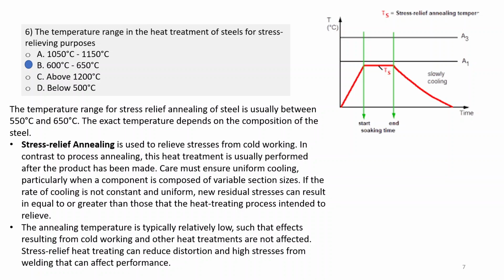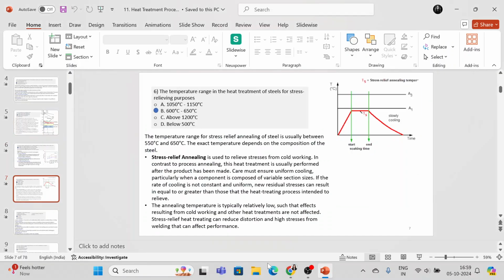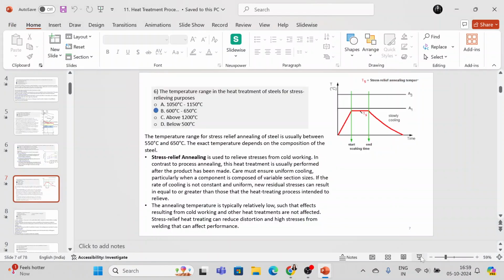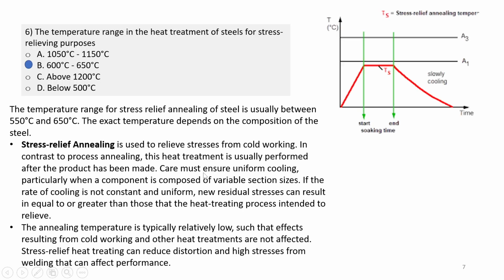So the temperature range for stress relief annealing of steel is usually between 550 degrees Celsius and 650 degrees Celsius, and the exact temperature depends on the composition of steel. Stress relief annealing is used to relieve stresses from cold working.